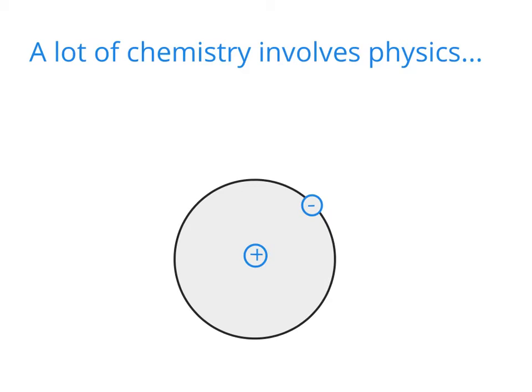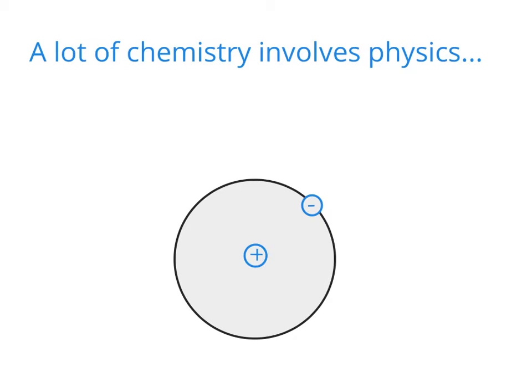The molecules and the atoms are too small for that, but we're really talking about positives attracting negatives, whether that be a positive ion or a negative ion attracting each other, or whether it be the protons in the nucleus of an atom and their attraction to electrons.